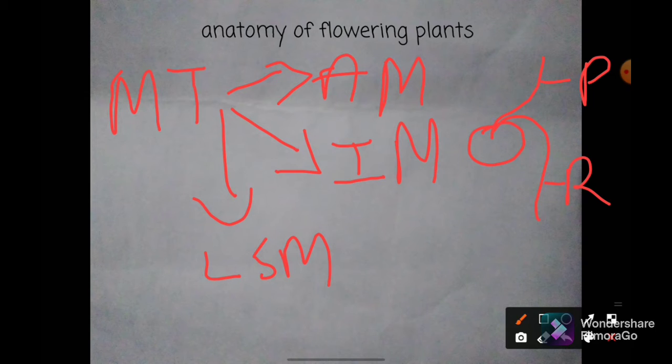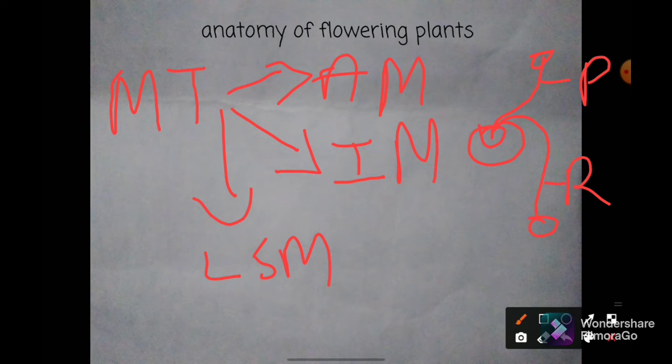Now these both systems have their starting point and the end point. They start from the seed and have an ending point over here, that is called the tip, the root tip and the shoot tip. So the root tip has apical meristem, and also the shoot tip has apical meristem.